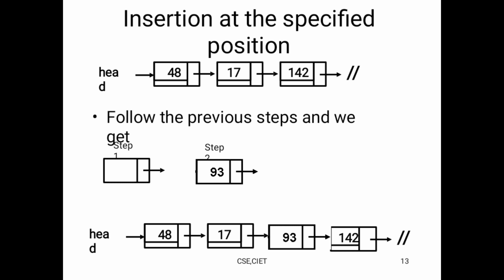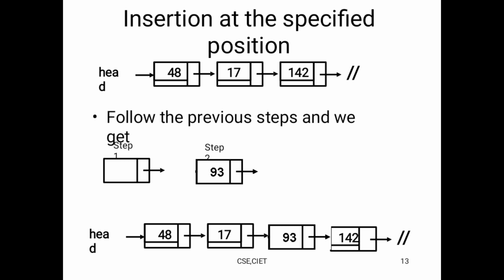So 142 address will be stored in the 93 next field, and 93 element address will be stored in the 17 information field of the next. In the next field, the 93 is stored in the 17th element next field node. So in that way we have to insert the element in the specified position.